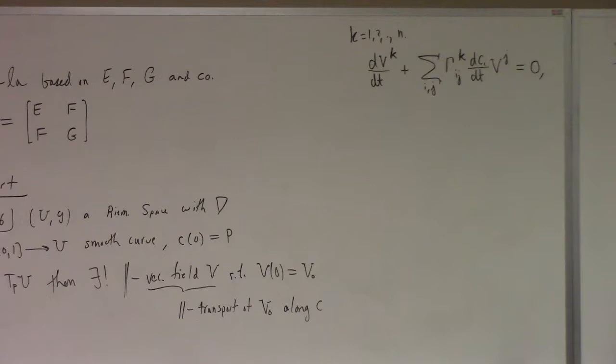So the V naught, the vector that you're parallel transporting, essentially just sets the initial condition for the differential equation, and then the connection coefficients say how the time evolution of V naught has to go for it to be, quote unquote, parallel transport.